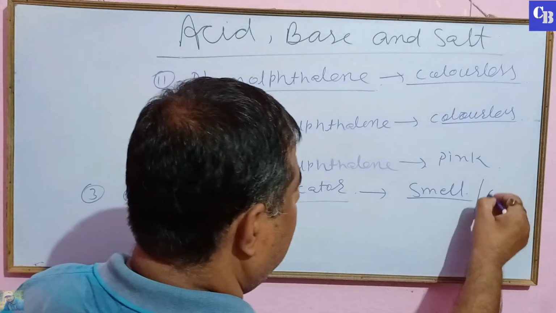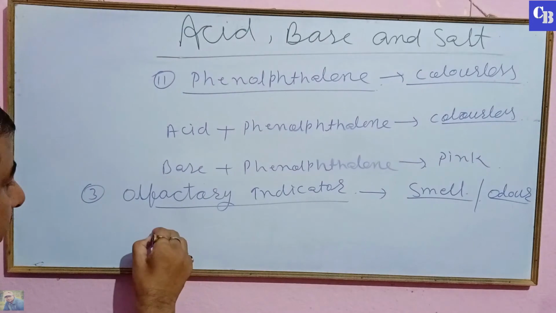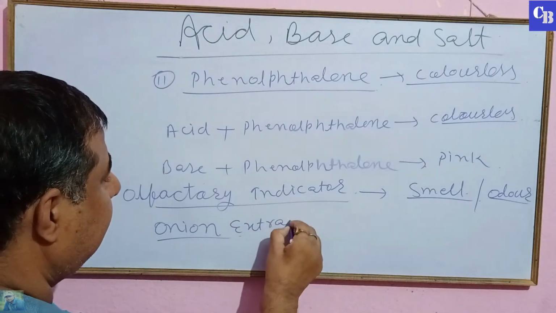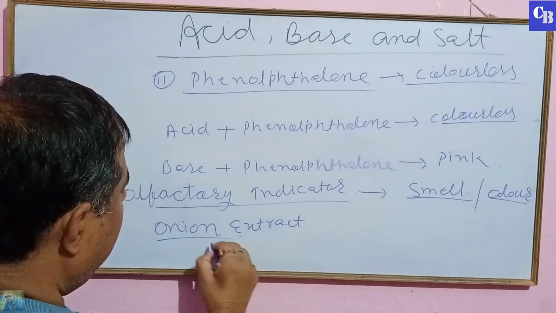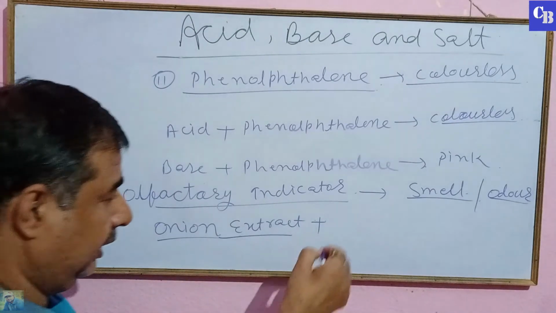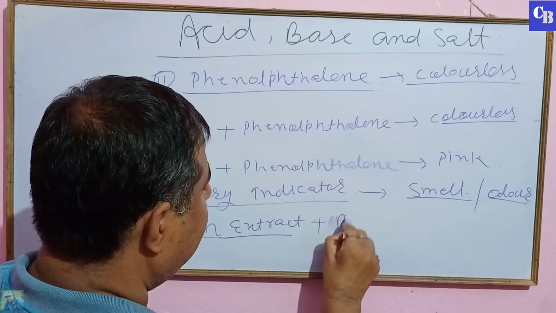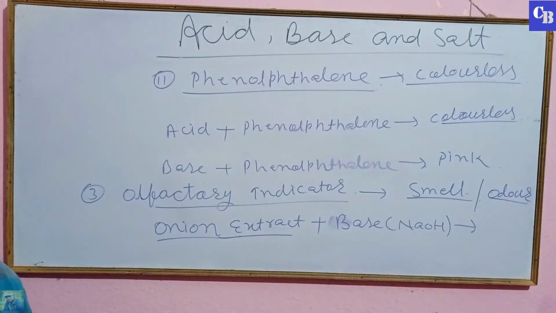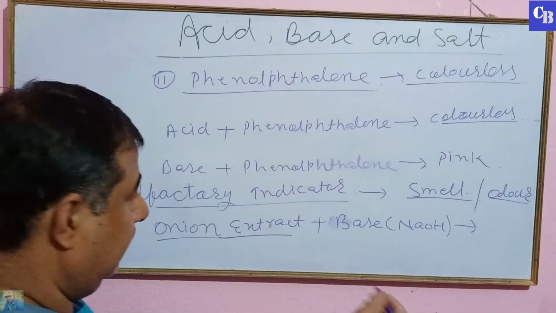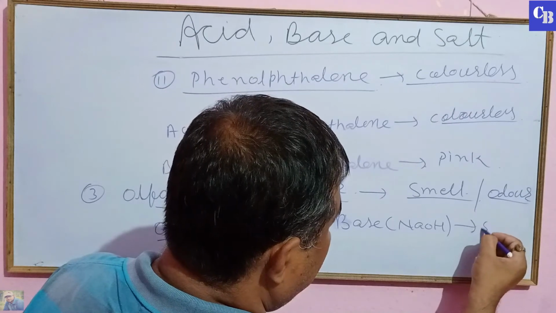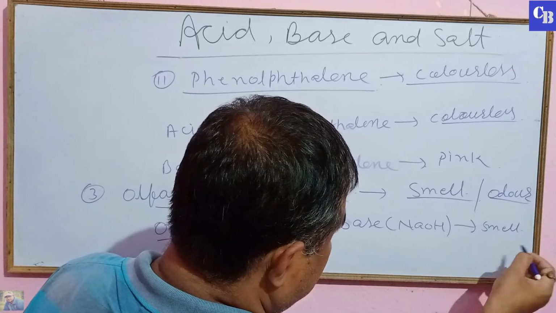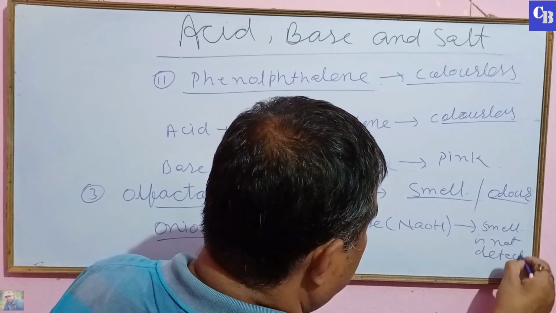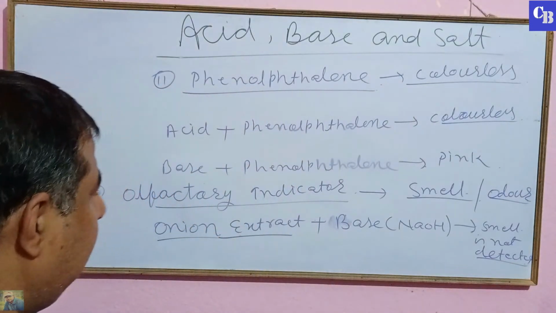When onion extract is added to a base such as sodium hydroxide, its smell is not detected, meaning the smell is destroyed.